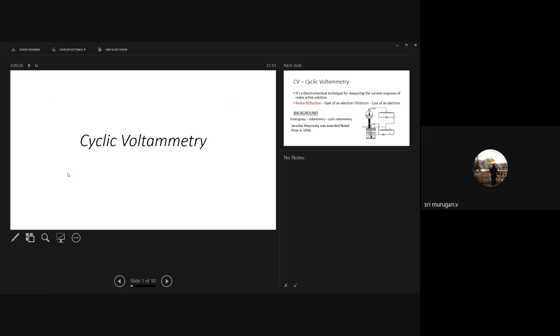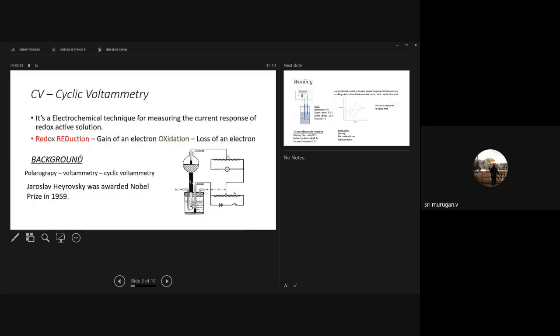Today we'll see how we use cyclic voltammetry and what it is used for. We usually represent cyclic voltammetry as CV. It's an electrochemical technique, very useful for any type of electrochemistry.